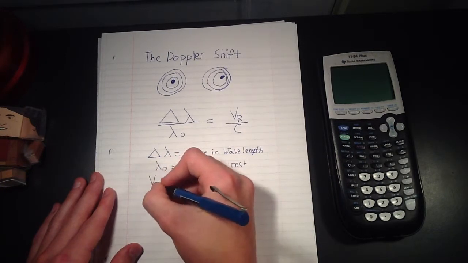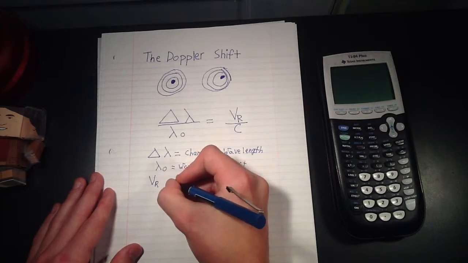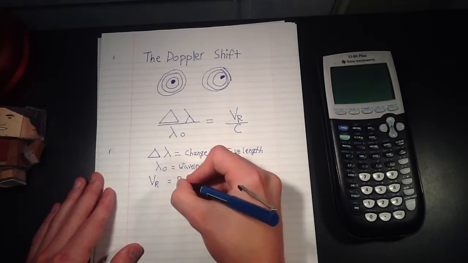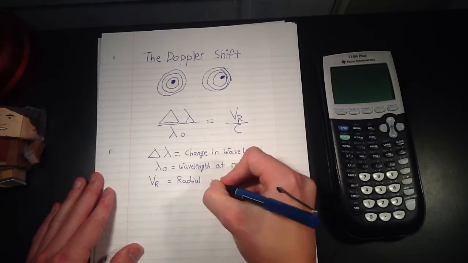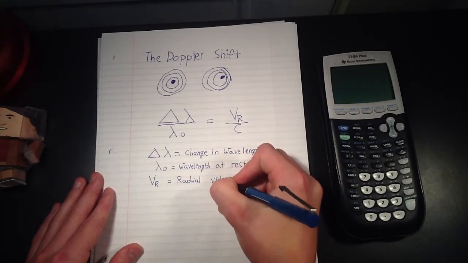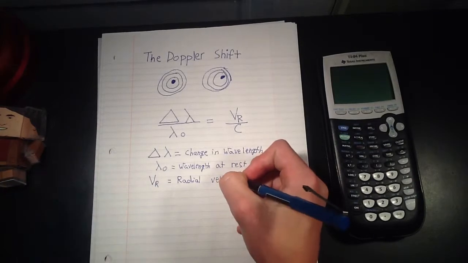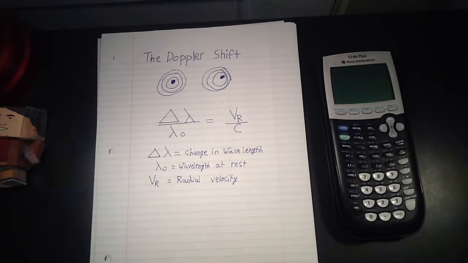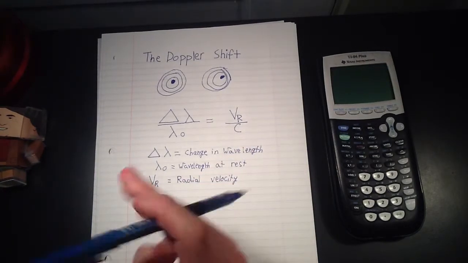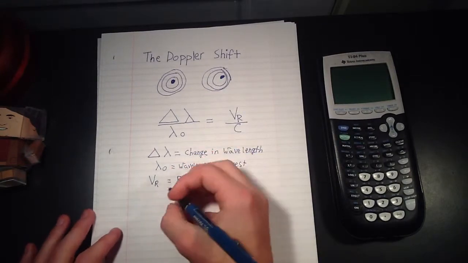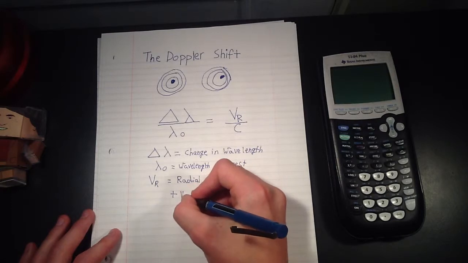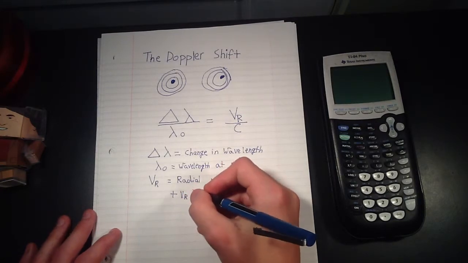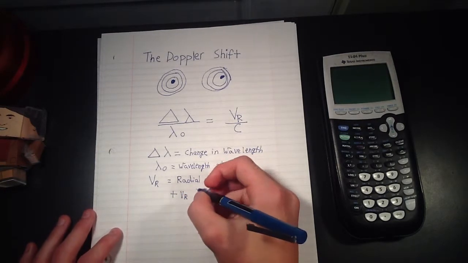V sub r is the radial velocity. And this is when things get a bit tricky. So here's what's going on. If I have a positive radial velocity, that means the object is going away from me.